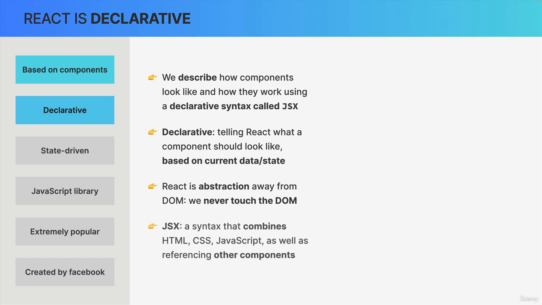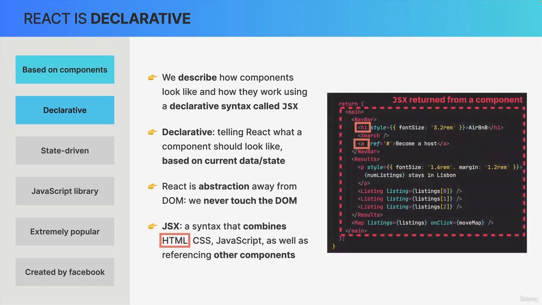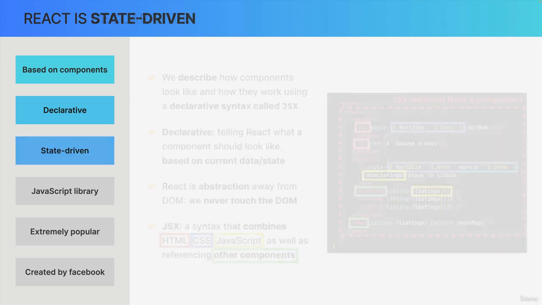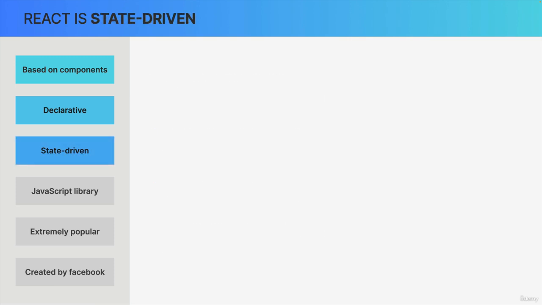So JSX is basically a syntax that combines parts of HTML, CSS, JavaScript, and it even allows us to reference other React components. And the declarative nature of React is an essential concept that, of course, we will really dive into later. But now you might wonder, if we never touch the DOM, then how does React update the UI?